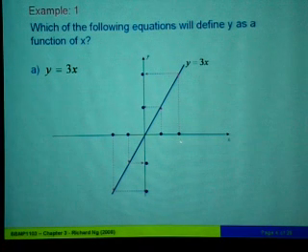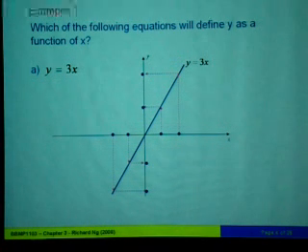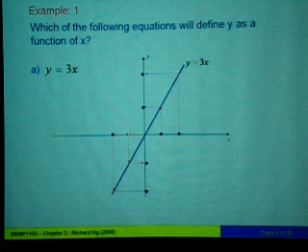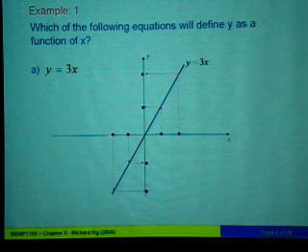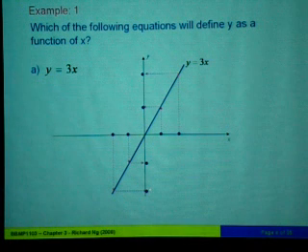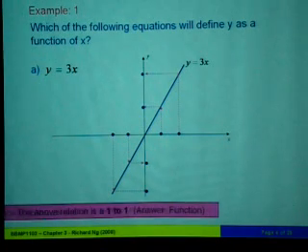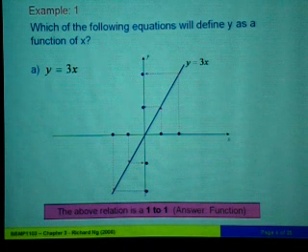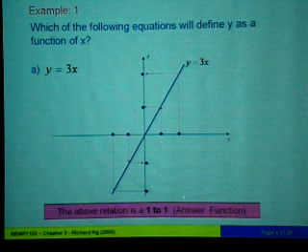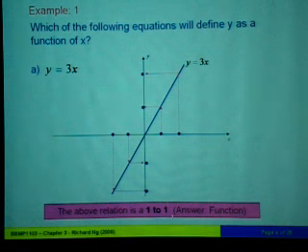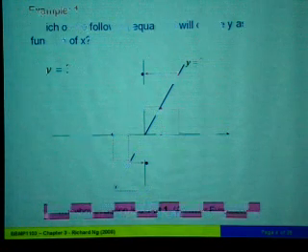Similarly, for this point, x produces one output y, and for this input x, we have one output y. So therefore, this kind of relation is called a one-to-one relation, and this equation is a function.